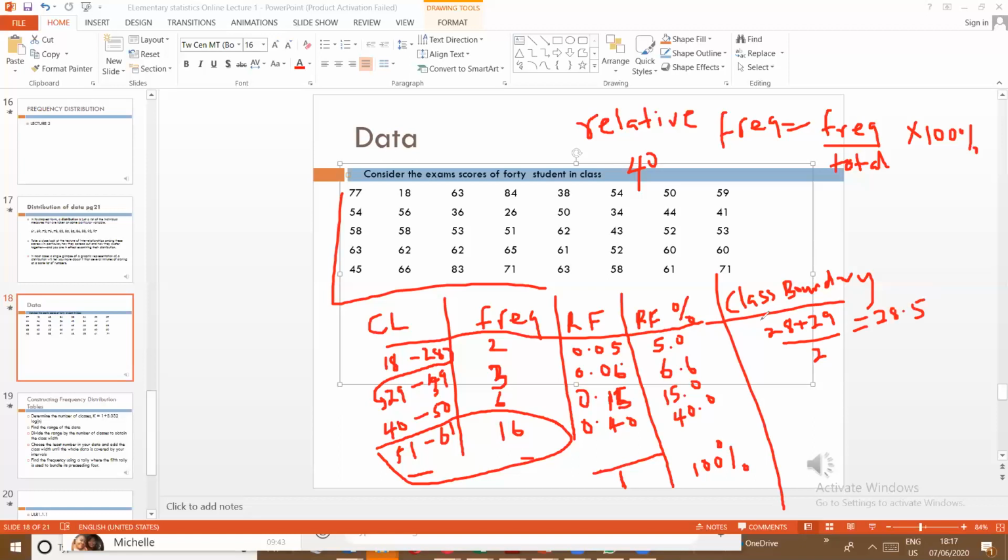That is for the lower boundary. So this is the upper boundary of this class, but it will also be the lower boundary of this class. Okay, good.